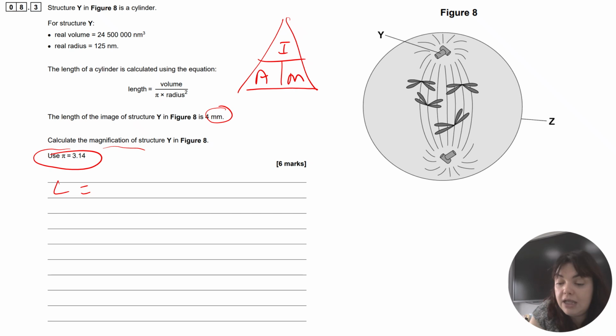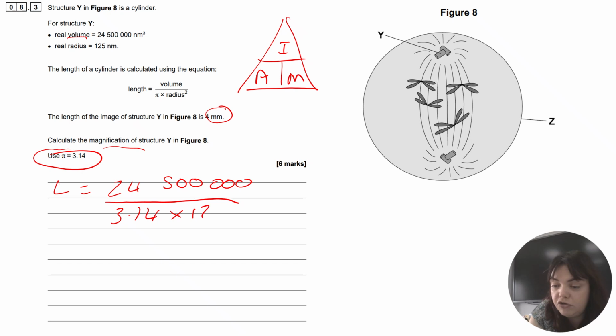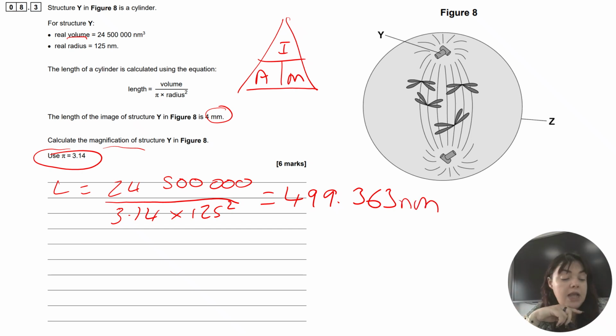So length equals the volume, which is 24,500,000 divided by 3.14 times 125 squared, and that comes out at 499.363 nanometers.